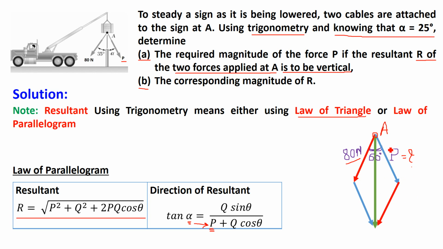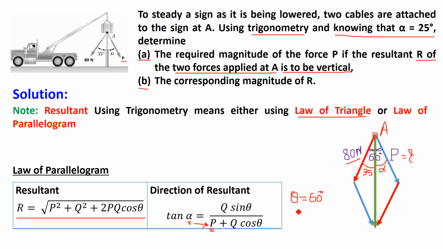Now since alpha, this is alpha and this is 35 degree angle given to you, alpha is also given to you. So alpha plus 35, if you calculate, this comes 60 degree. So 60 degrees angle between two forces, which is nothing but this is value of theta, theta equal to 60 degree.